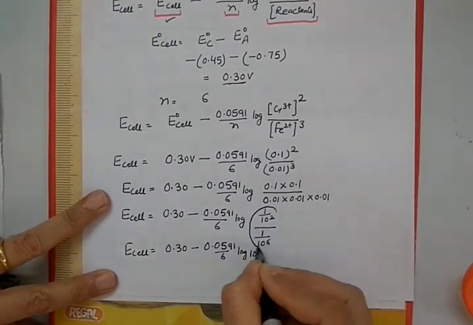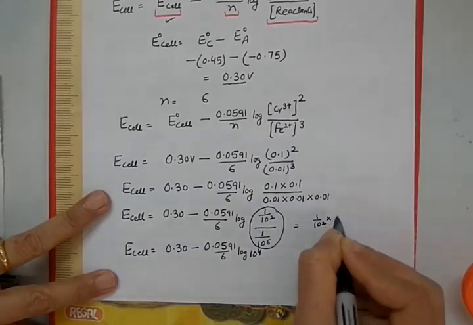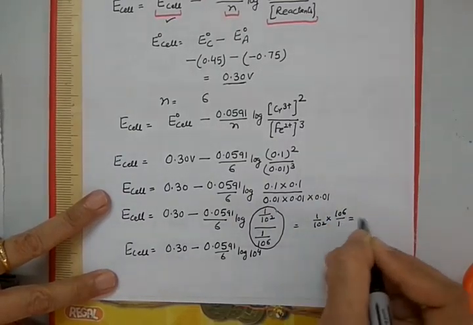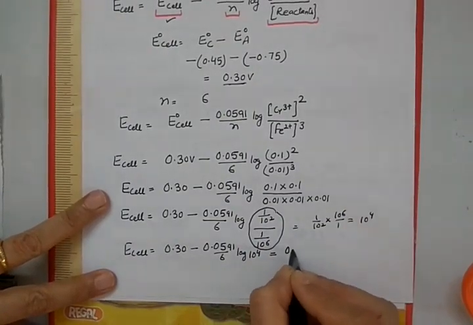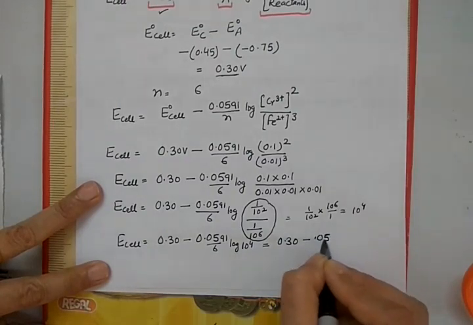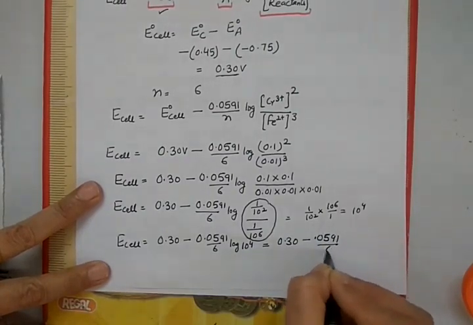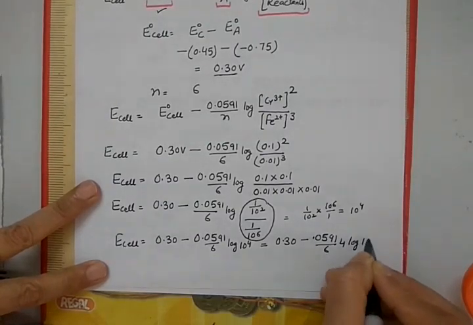If we solve this, what will come? 1 over 10 to power 2 into 10 to power 6 over 1 is equal to 10 to power 4. It will be equal to 0.30 minus 0.0591 over 6, it will be 4 log 10.